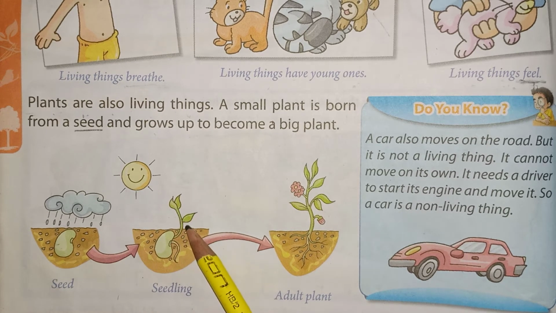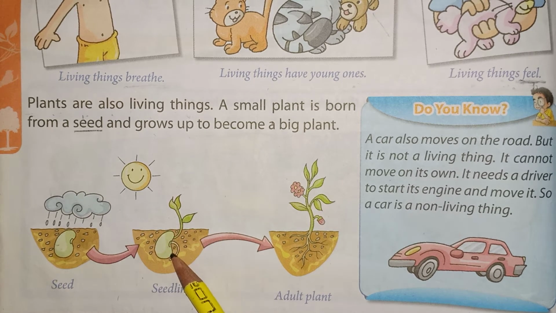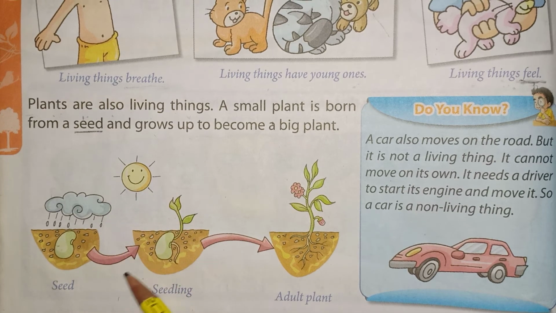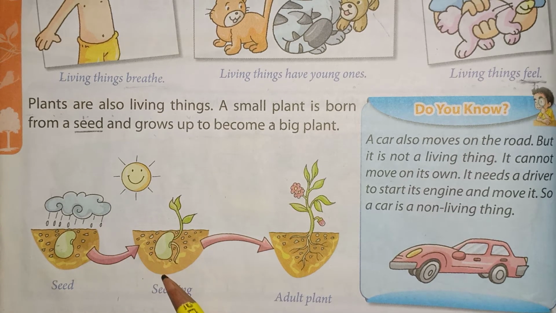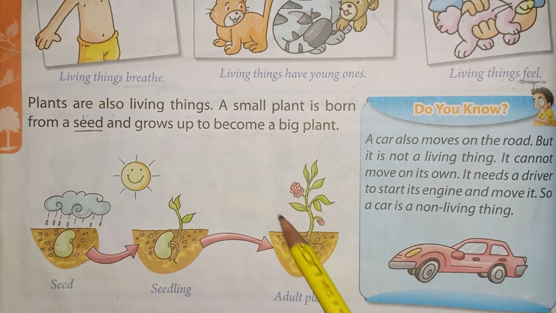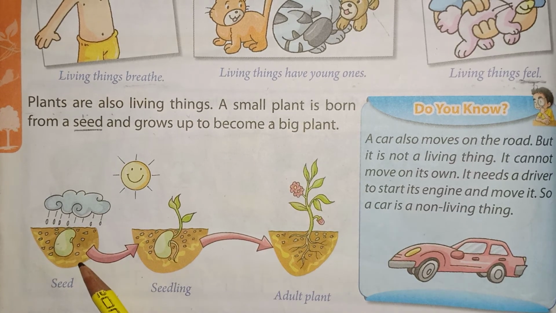Can you see? Some leaves are here, and also it gets the sunlight. After getting sunlight and water, the seed starts growing and it becomes the adult plant. See here. So this plant grows from the seed.